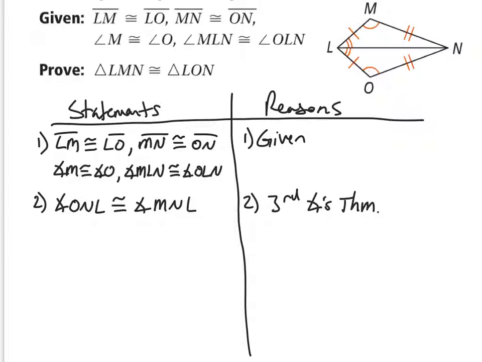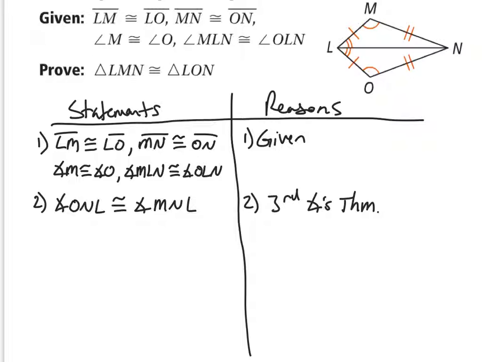A lot of times I hear students say, well, wait a minute, didn't we already name those? The answer is no. MLN is not the same angle as MNL. They have a different vertex. MLN is this angle over here, whereas MNL is this angle over there. So you got to be careful how you name these.